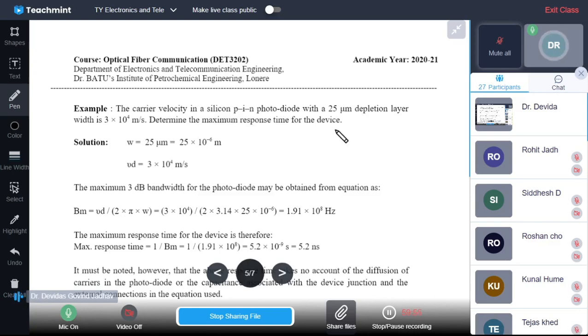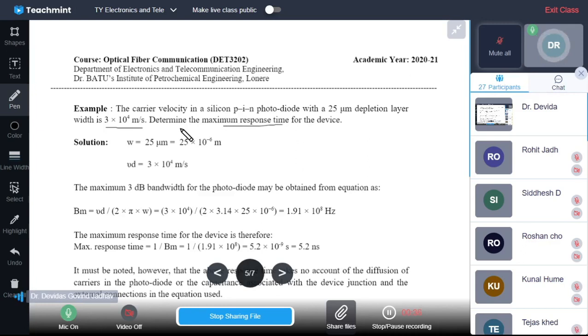Carrier velocity in the silicon PIN photodiode with 25 micrometer depletion layer width W is 3 into 10 raised to 4 meter per second. Determine the maximum response time of the device.